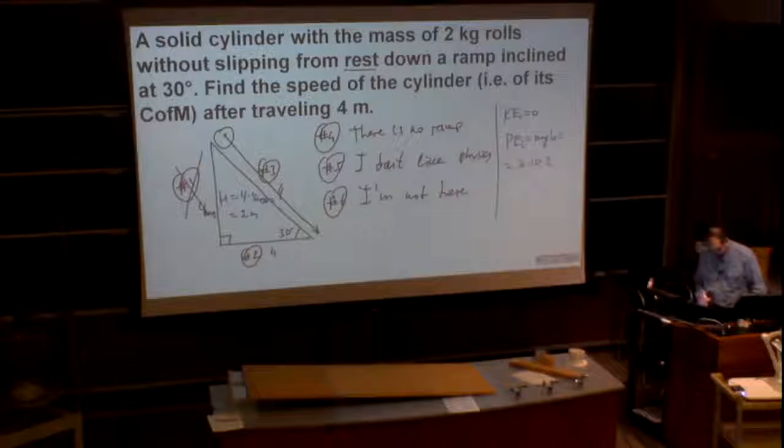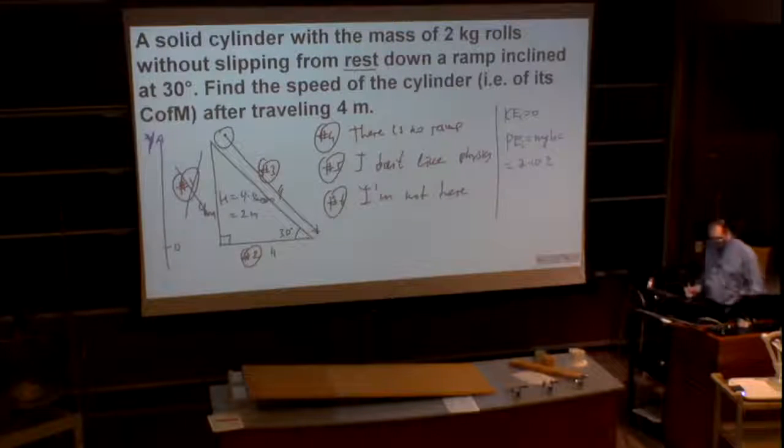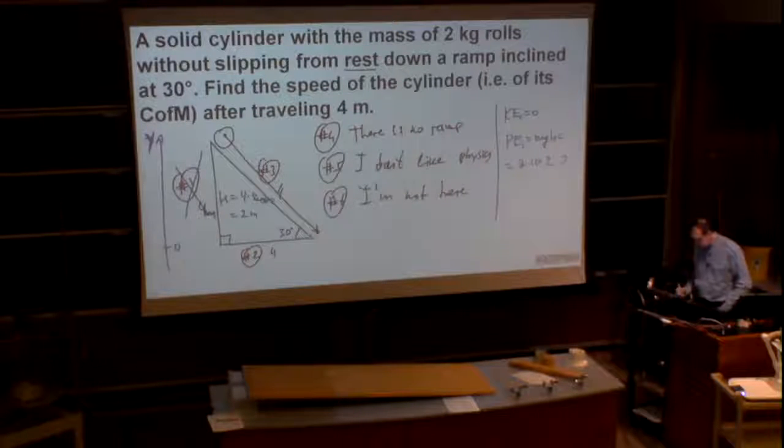So naturally, the 0 level for potential energy is chosen at the lowest location, which is at the bottom of the ramp, the joules. So the initial mechanical energy is equal to 40 joules.